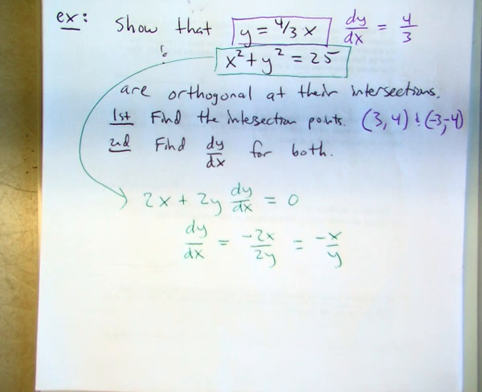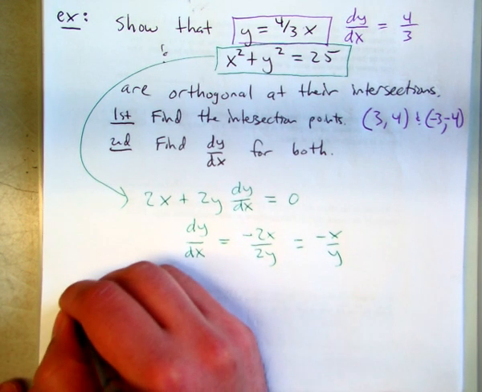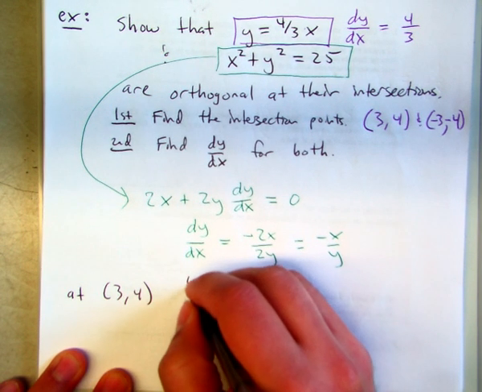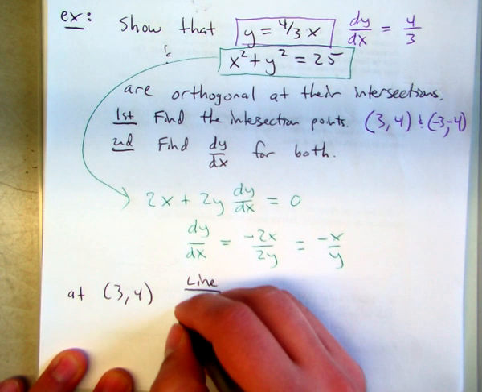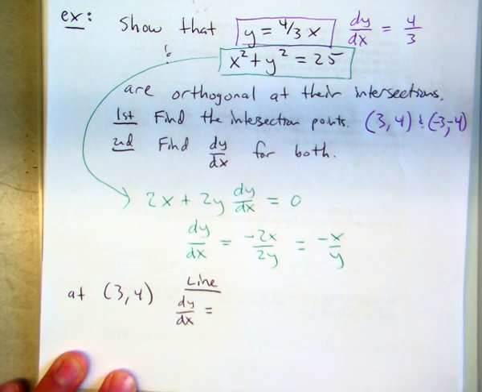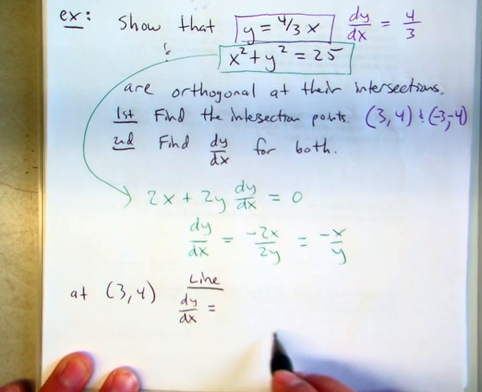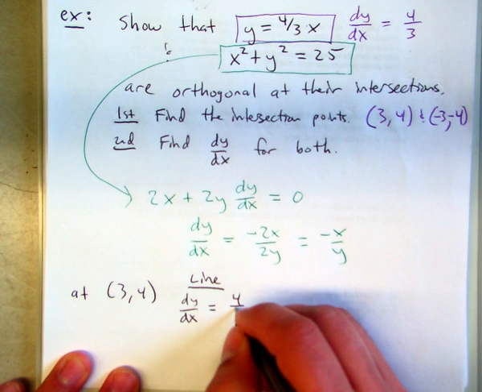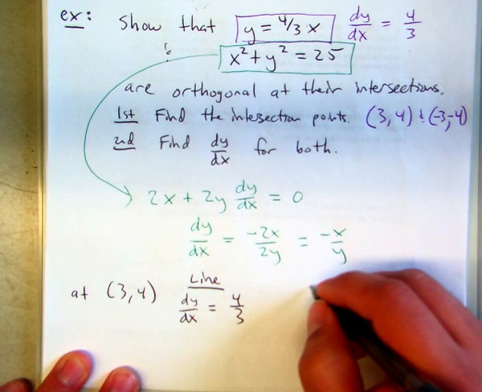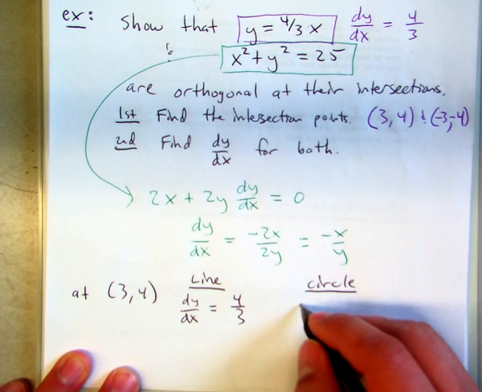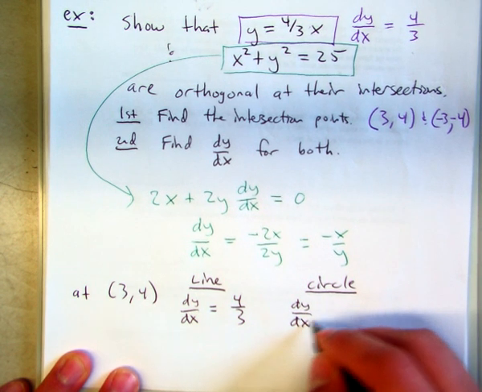Okay, and we do exactly that. So now we check at (3, 4). Our dy/dx value for the line is equal to what? The line is just going to be 4/3. And yeah, you're one step ahead. Circle. Plug in the x and y coordinates into the function.